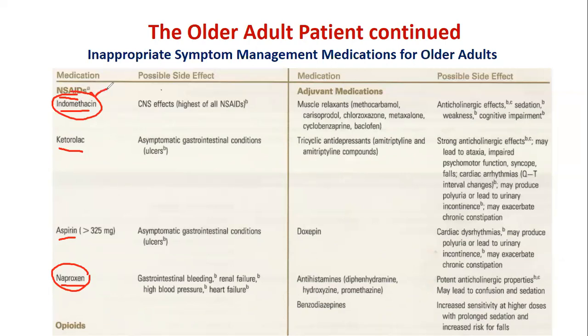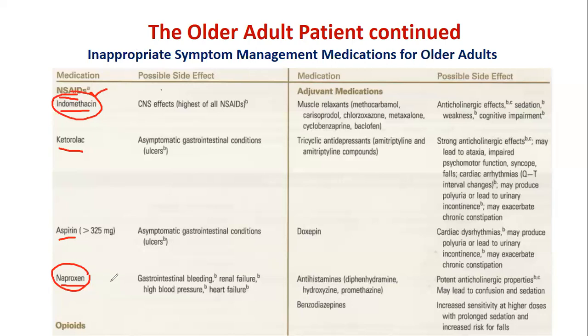NSAIDs have common side effects every student is supposed to know. They can cause nausea, heartburn, headache, vertigo, oliguria, epigastric pain, sometimes diarrhea, dizziness, or gastric or duodenal ulcer with some kind of bleeding.